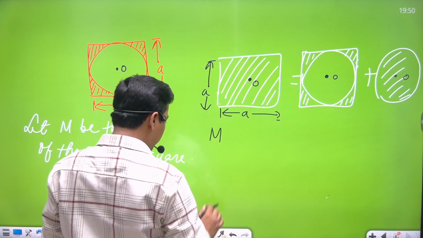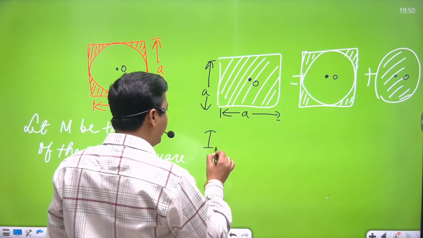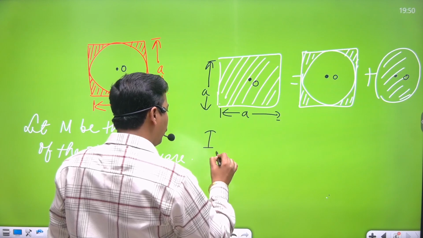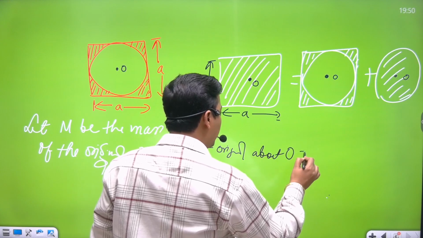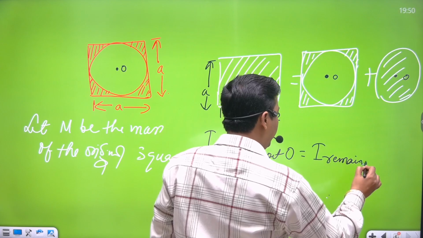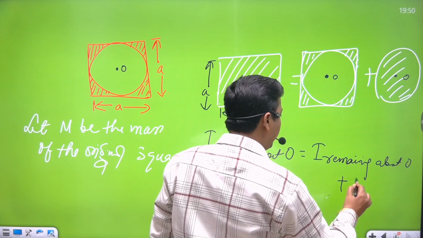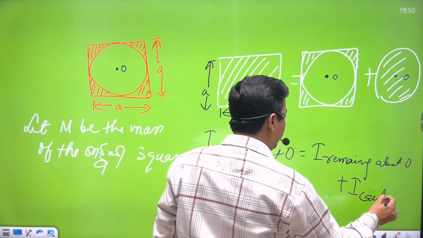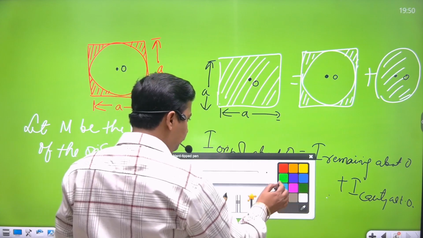You can also write I of original about O is equal to I of remaining about O plus I of cavity about O. It is as simple as this.